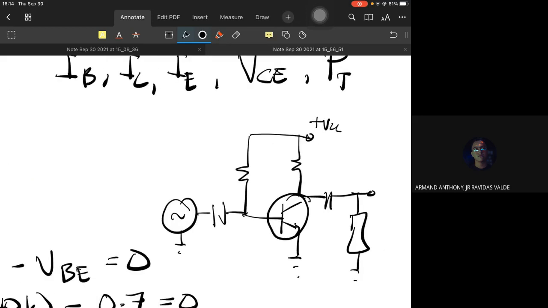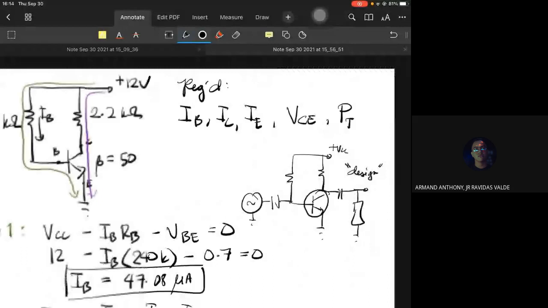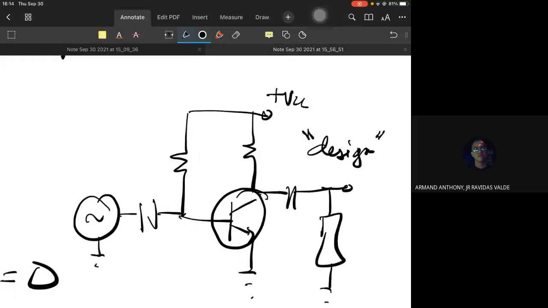So sa design, nga problem in contrast sa analysis. Ako na mentioned earlier, this is analysis type of problem. Kay given man tanan, solve for the currents. Here, bali. Sa design, it might be that RC is not given or RB.